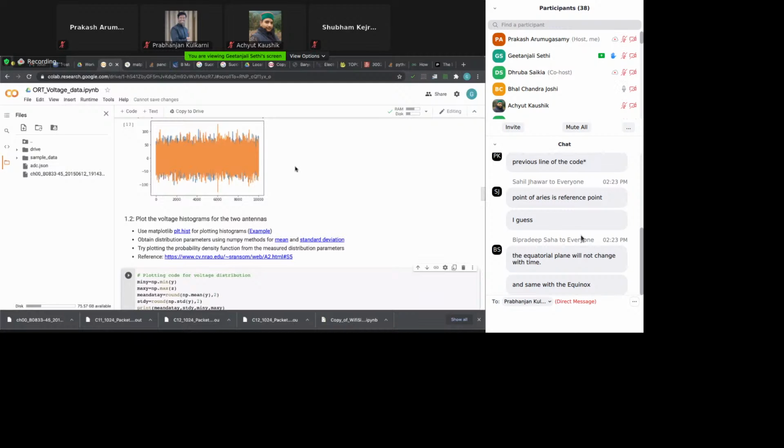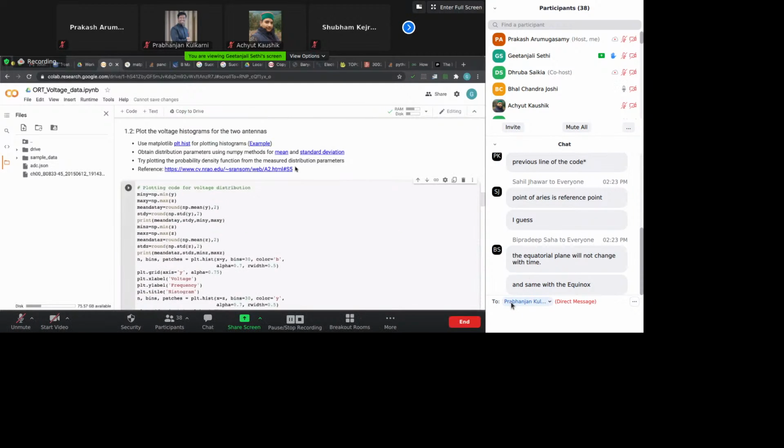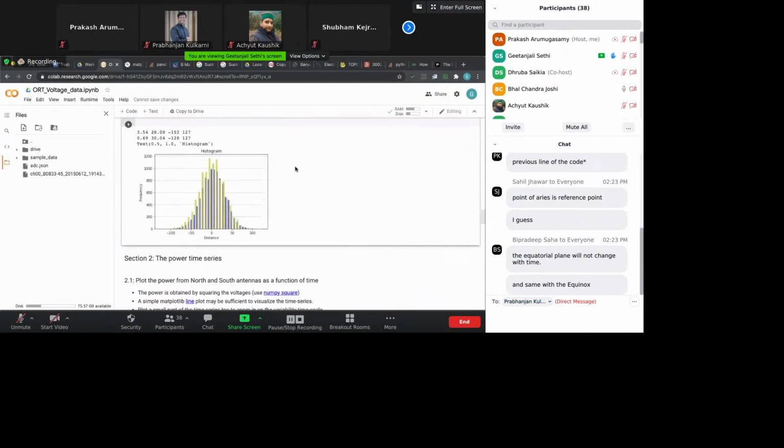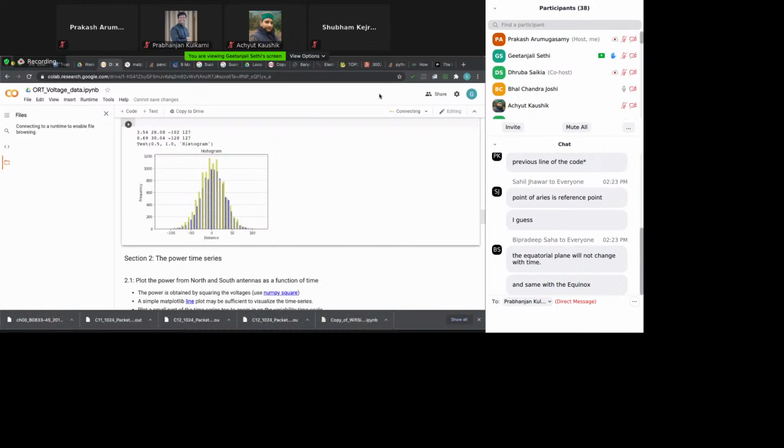statistical characteristics, which is what I think Gitanjali has plotted. So if you can go down in the histogram, that is how it looks like. Okay. This is the familiar normal distribution curve, which has a mean of about 0 and a standard deviation of about 40 or 50. So it's basically noise.